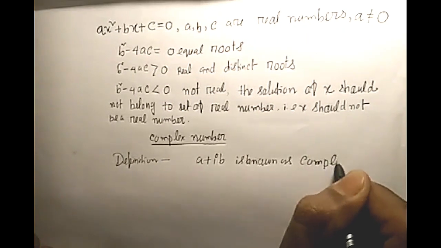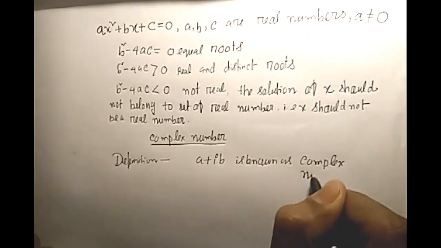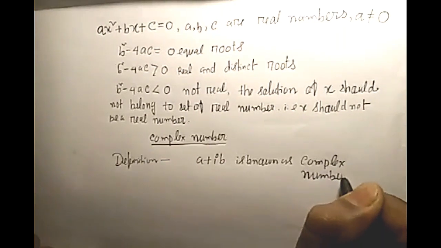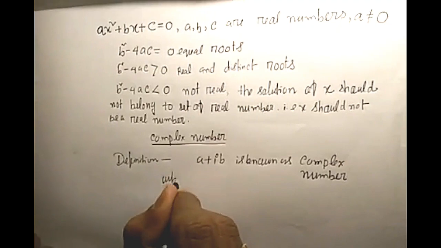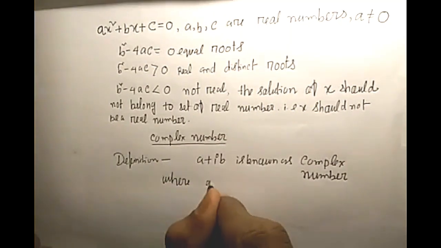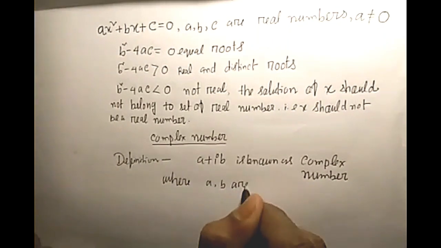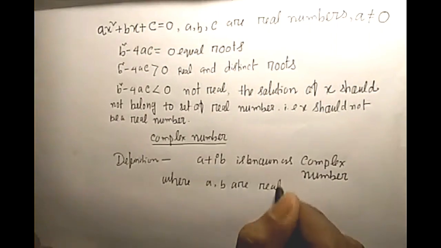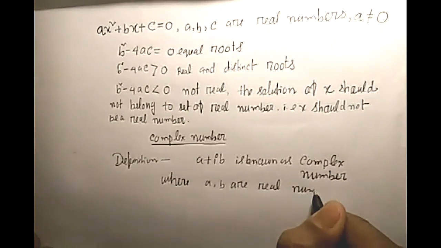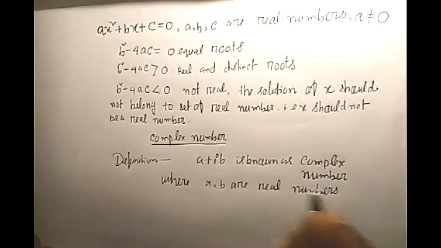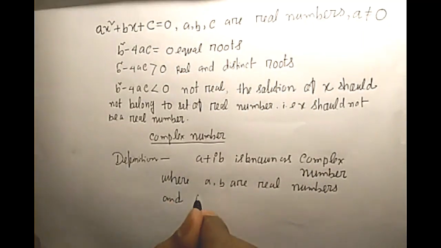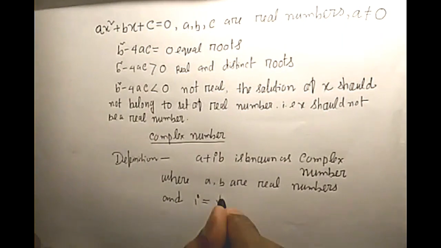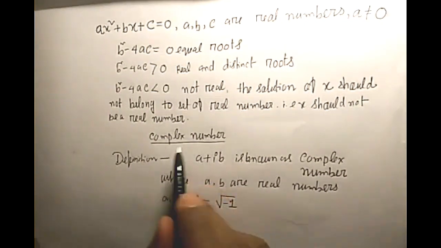That means any number which can be expressed in the form of a plus ib is known as a complex number, where a and b are real numbers and i equals root over minus 1.